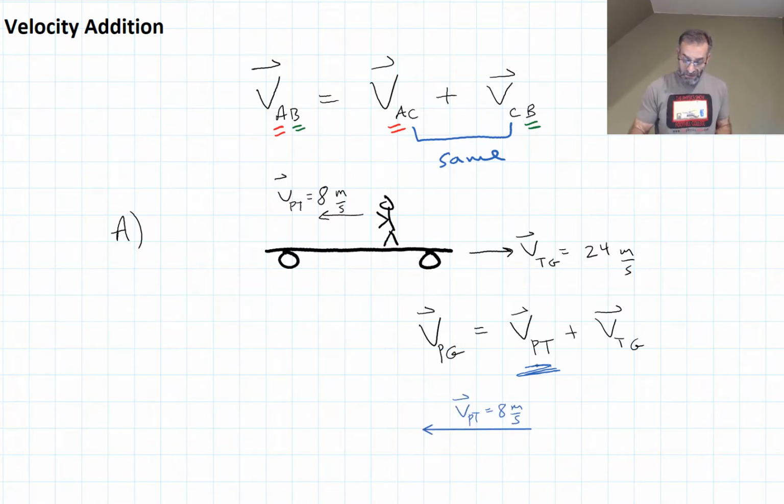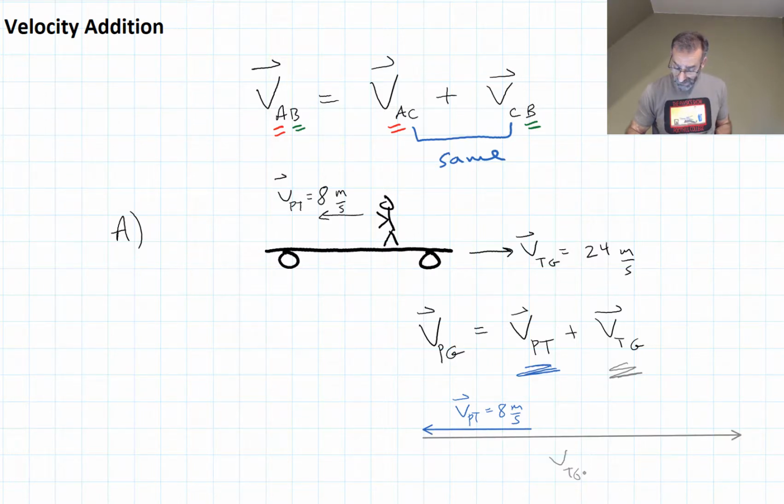Then I come out to the tip of that vector and I add my next vector, which is the velocity of the train with respect to the ground. And that's to the right, 24. And so the resultant is this red vector, starting at the starting point, going out to the tip of the last vector.